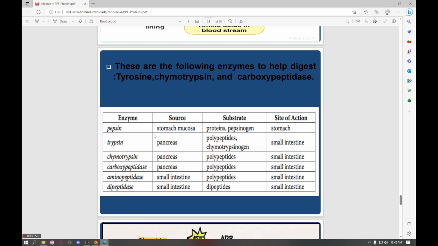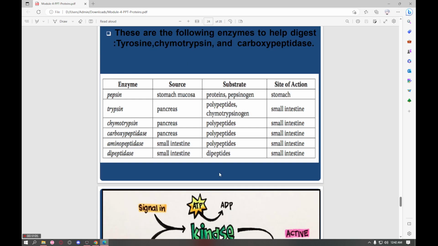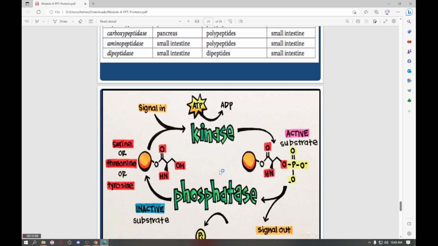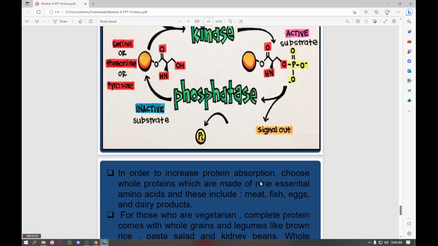So these are the enzymes which are present inside our body. If you remember your cellular respiration, through the presence of your kinase and your phosphatase, these are in order to produce more ATPs. Your ATP synthase also ends with ASE.